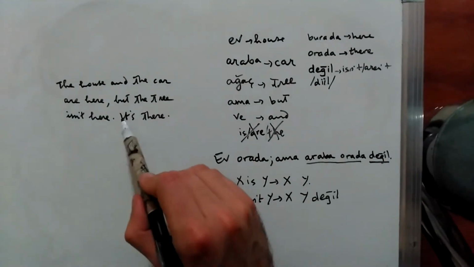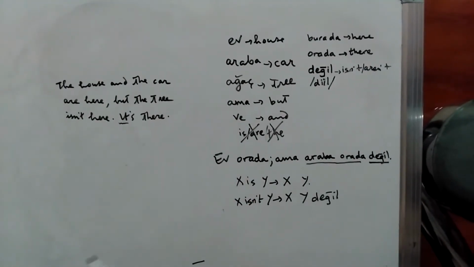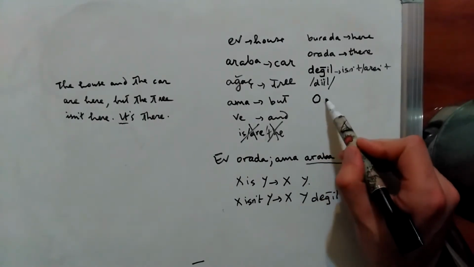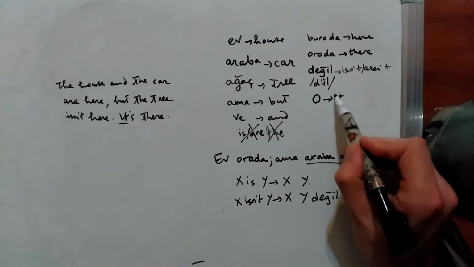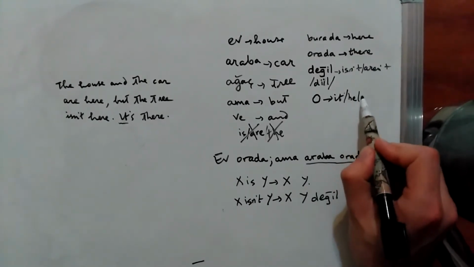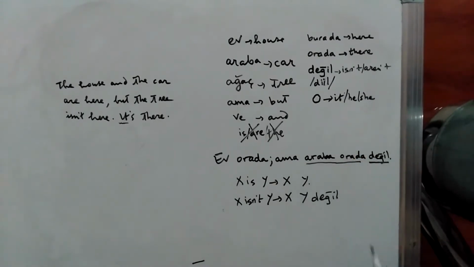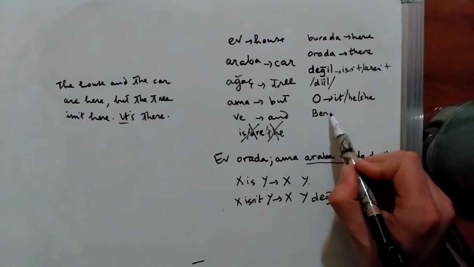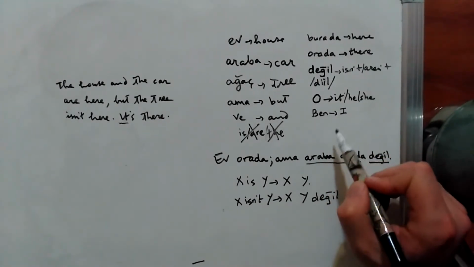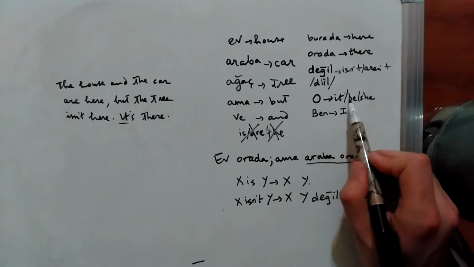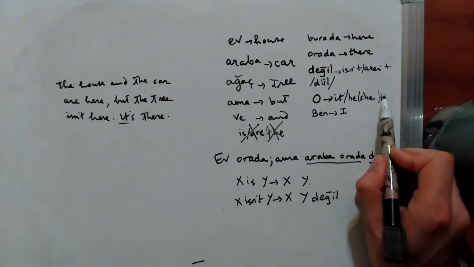Now the only word that we don't know is this, it, which in Turkish is just one letter. It's o. O is it. It's also he and she, by the way. So this is a second pronoun. Remember we learned ben, which is I, and now o, which is it, or he, or she, or even that.